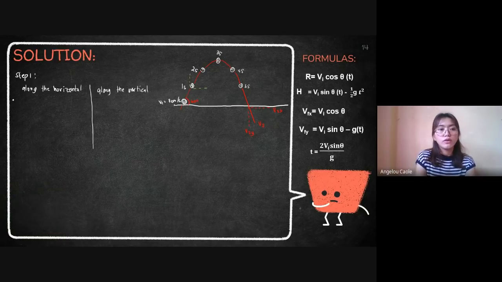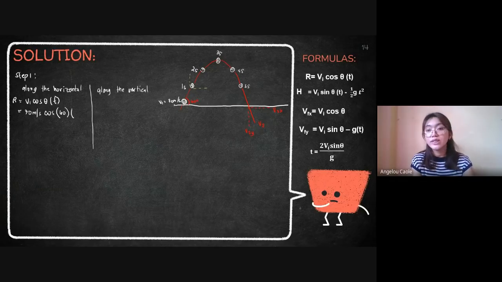So for the position under x component, we have vi cosine theta times time. Substitute, your vi is 30 meters per second, cosine, the angle is 60, times, of course, the time after 1 second. So let's place here 1 second. Okay.